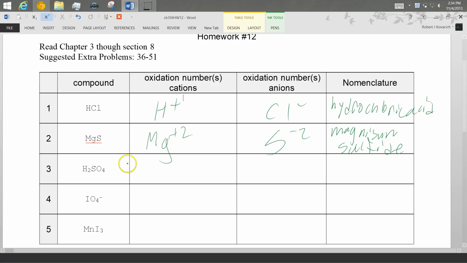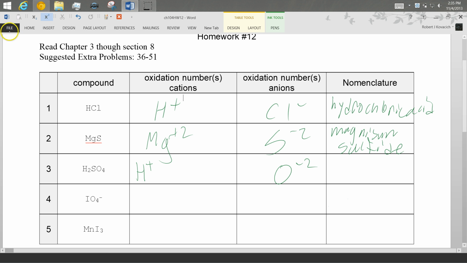Okay, so I have H2SO4, and we already talked about the hydrogen needing to be a cation because it's with nonmetals. And so then oxygen is going to be my anion because oxygen's charge is -2 unless it's getting messed around with, which it's not. So I've got hydrogen as a +1, oxygen as a -2, and so I've got 8 negatives with my oxygen, and 2 positives with my hydrogen.